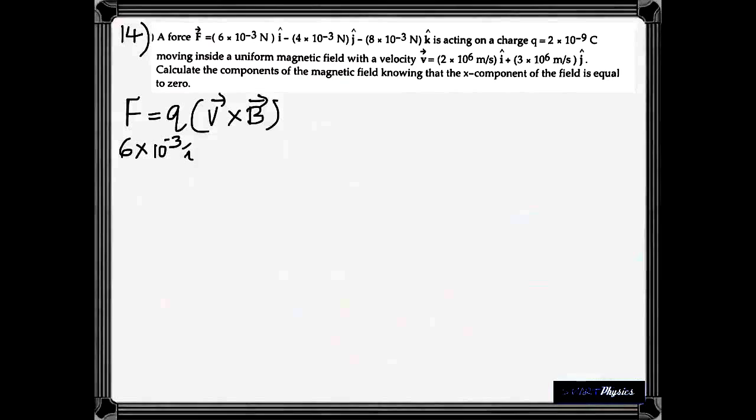Okay. To find the components of the magnetic field, we know that F is Q V cross B. Excuse me. The force is given. Write the whole thing down.